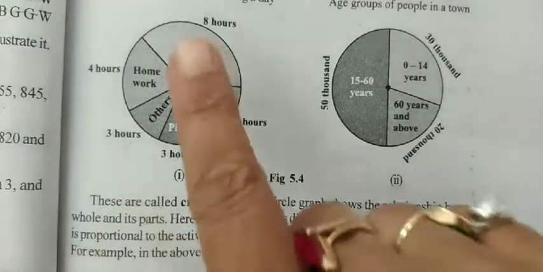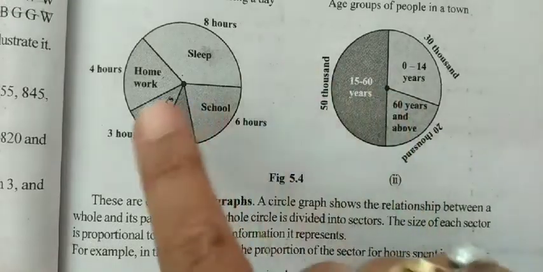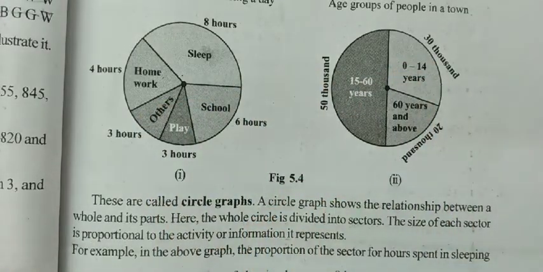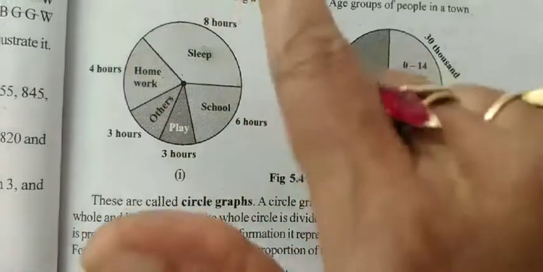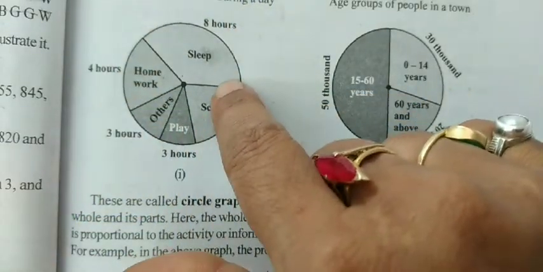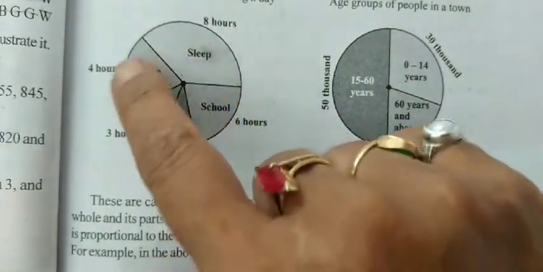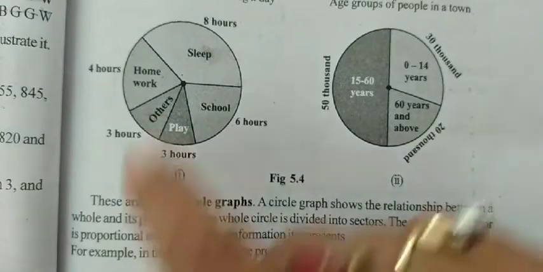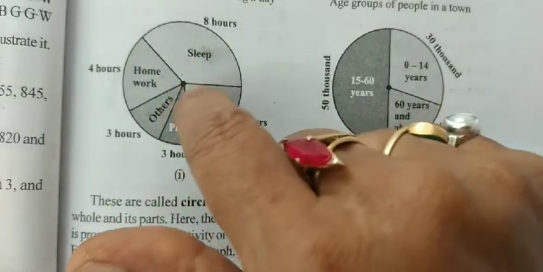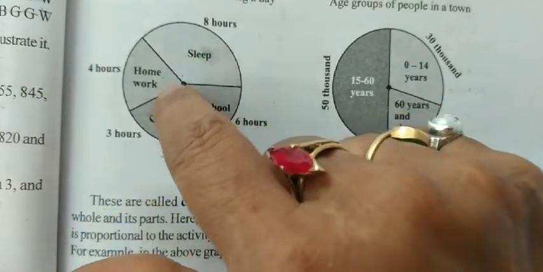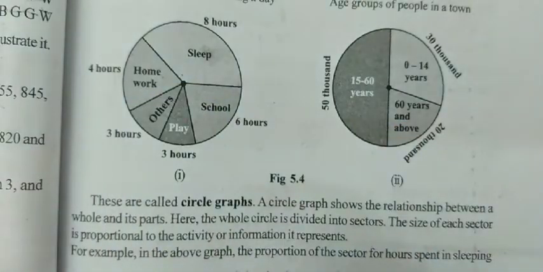These are called circle graph or pie graph. A circle graph shows the relationship between whole and its parts. Okay? And the degree, if you consider it, is 360 degrees.